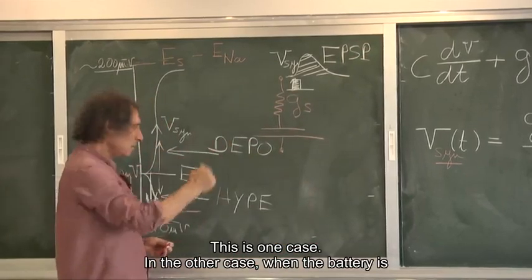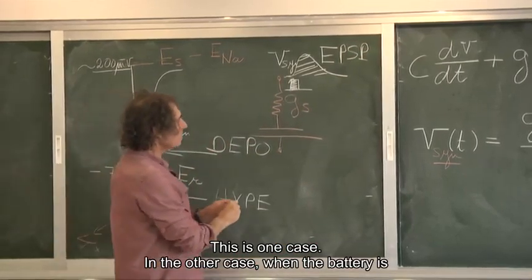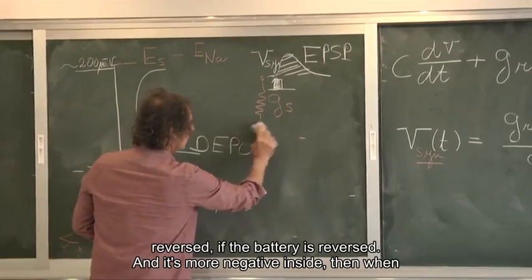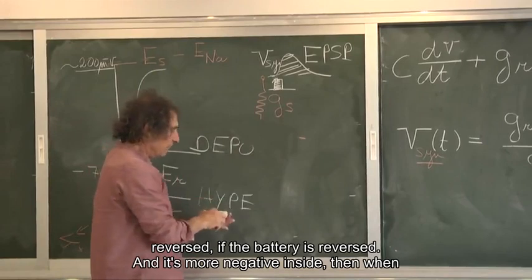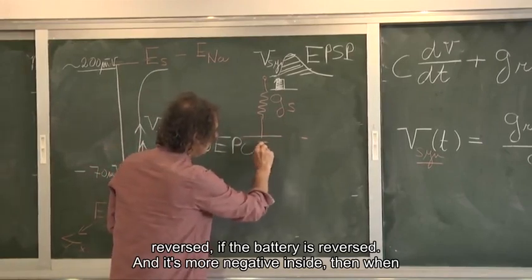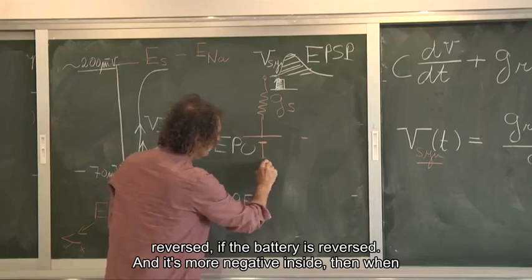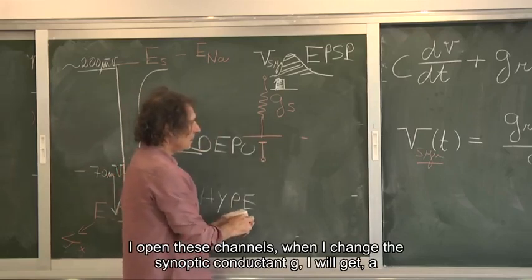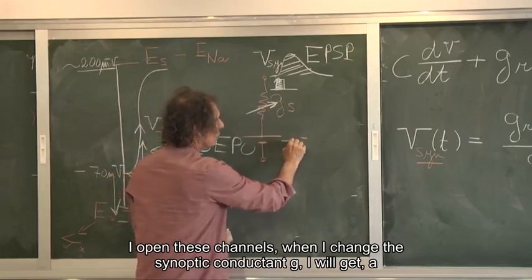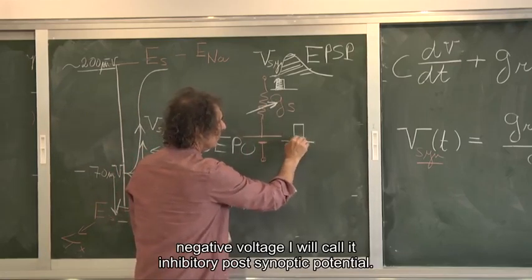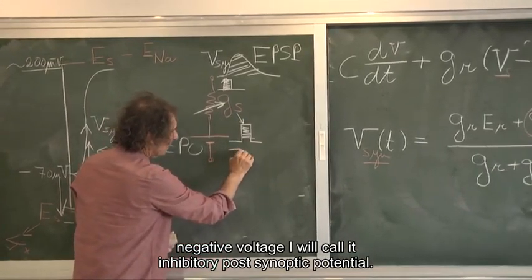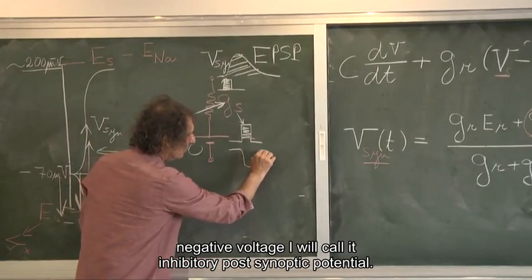This is one case. In the other case, when the battery is reversed, and it's more negative inside, then when I open these channels, when I change the synaptic conductance G, I will get a negative voltage.